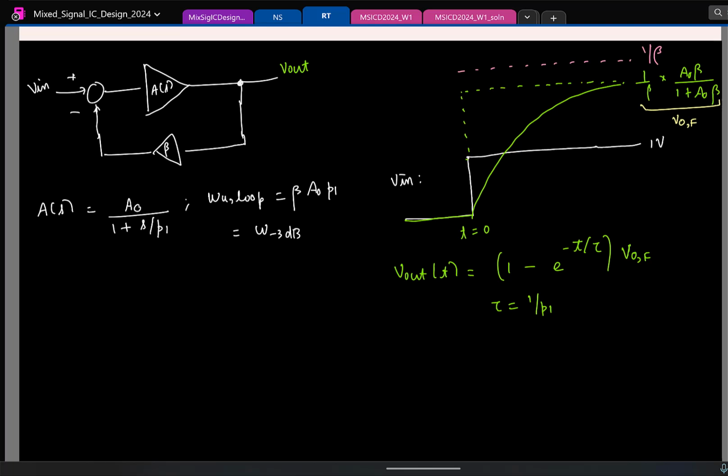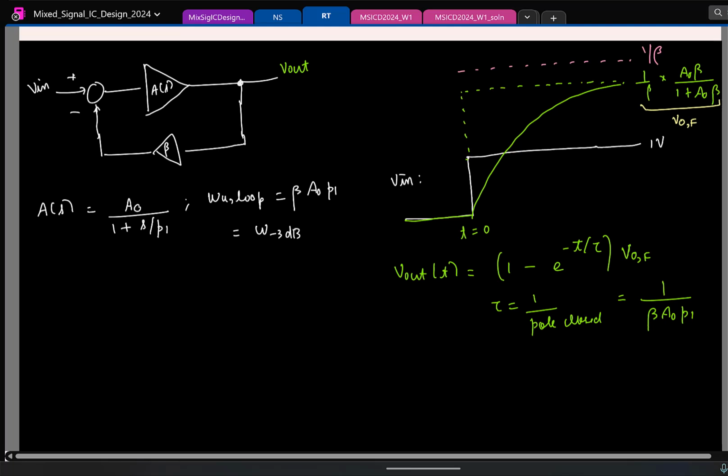What is the pole location in the system? Remember we are looking at the open loop response or the closed loop response. This is a first order system, and the pole location, you guys were absolutely right. This is the closed loop pole, which is basically beta A naught times P1. That's basically 1 by omega U loop. I'll write it directly.